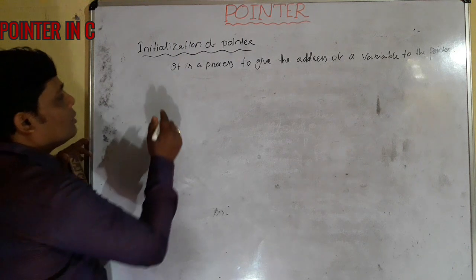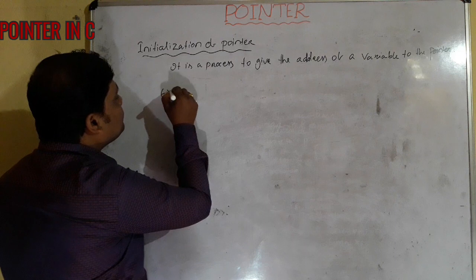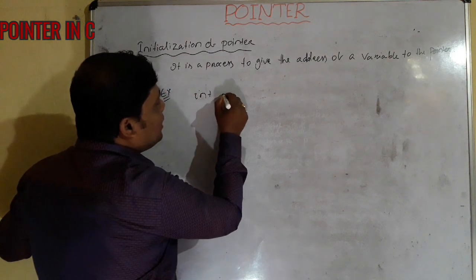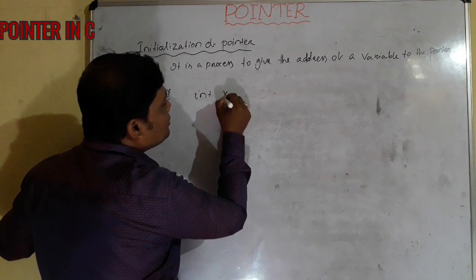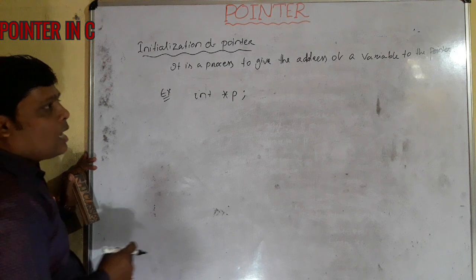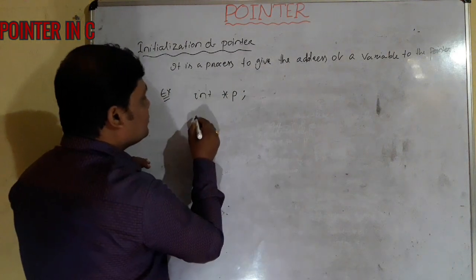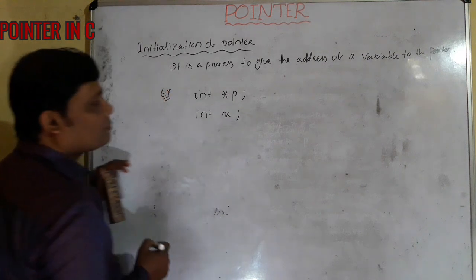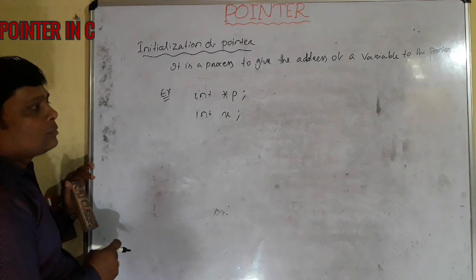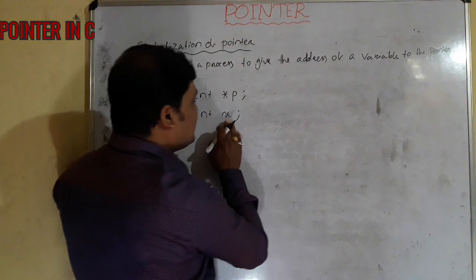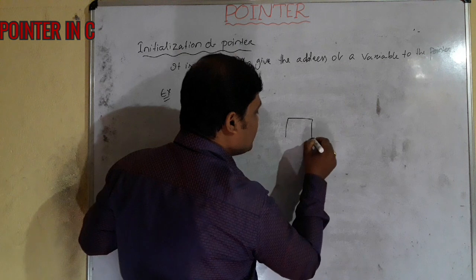Clear? For example, an integer pointer is there, int *p. And one variable is there, int x. So int x means x is a variable of integer type.